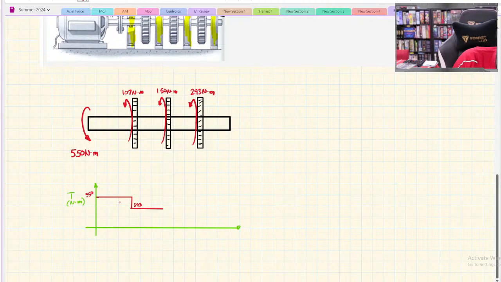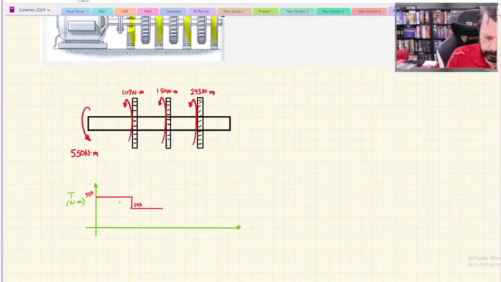And then it would go over to here, and it dropped down by another 150, which should get me to the... uh-oh. Did I... 443 here, not 393.